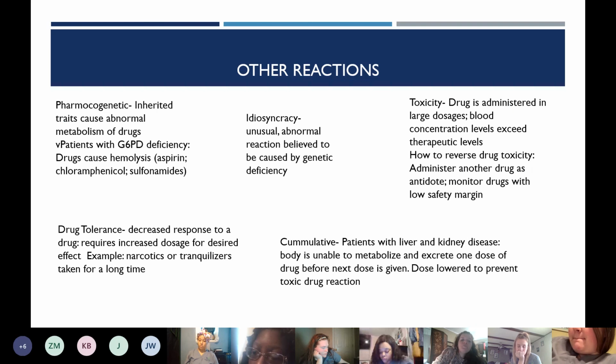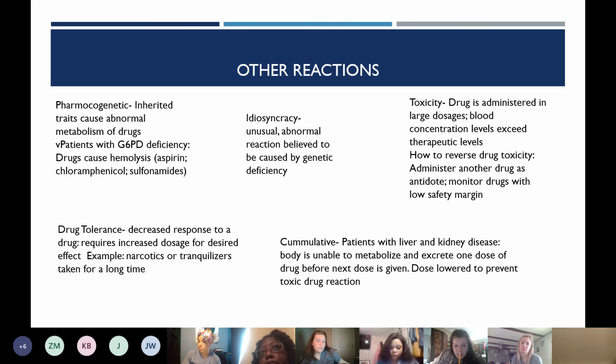Okay, so other reactions. A drug idiosyncrasy is an unusual or abnormal reaction, and it's believed to be caused by genetics. So let's say, does anybody know what Benadryl normally does to people as far as a side effect? Makes them tired, sleepy, drowsy. Yes. So the normal side effect of Benadryl is drowsiness.